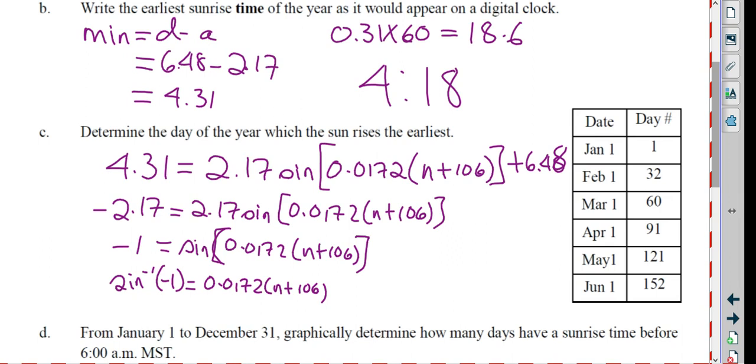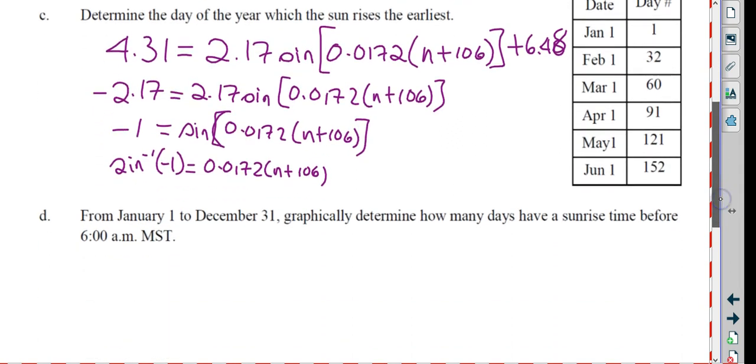All right. Give me an n. What's n? What sine looks like?